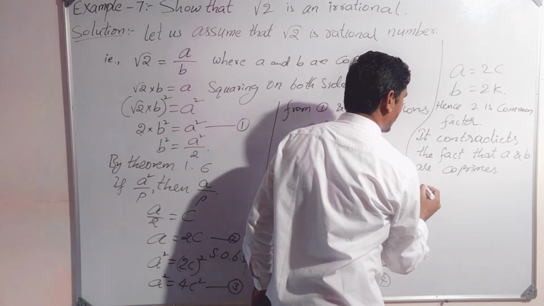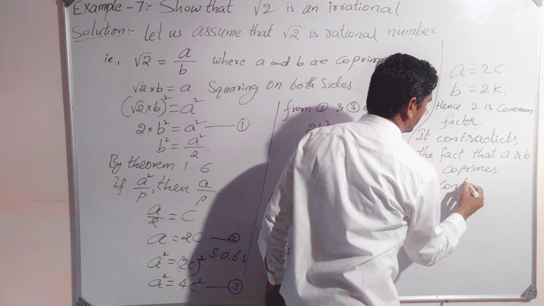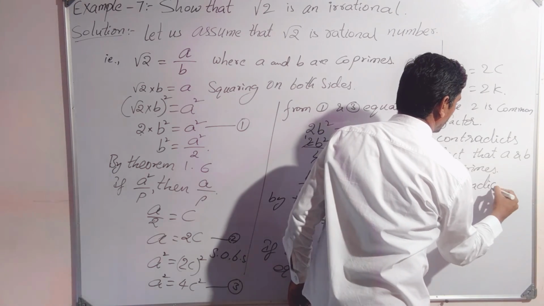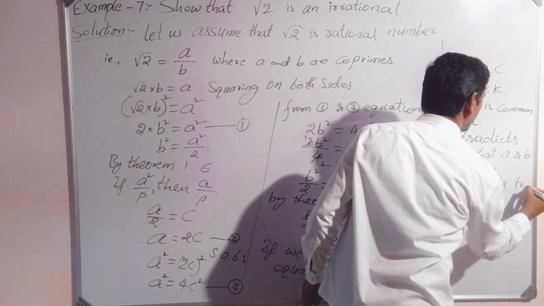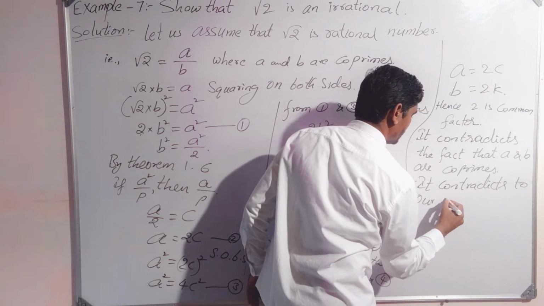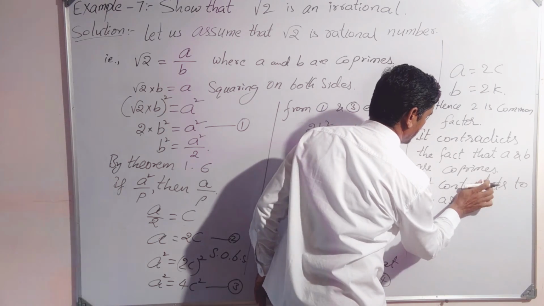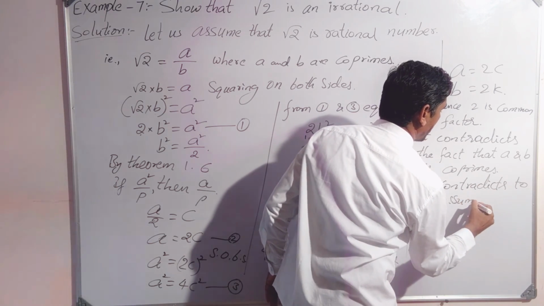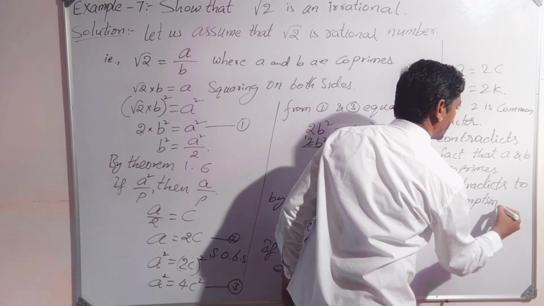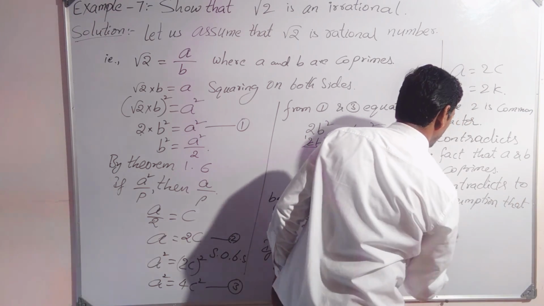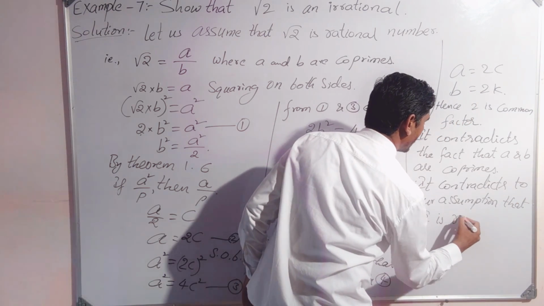It contradicts our assumption that root 2 is rational.